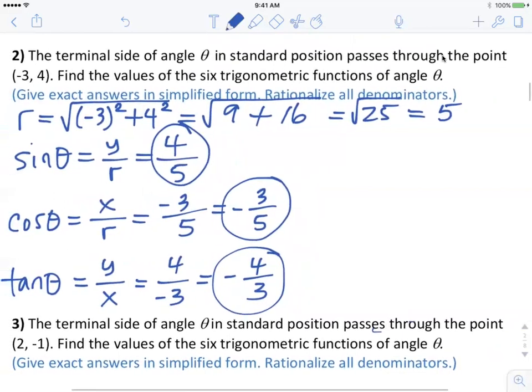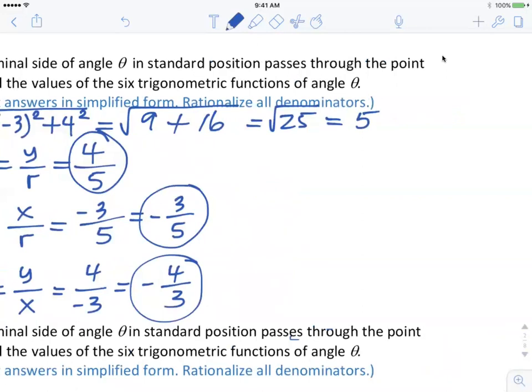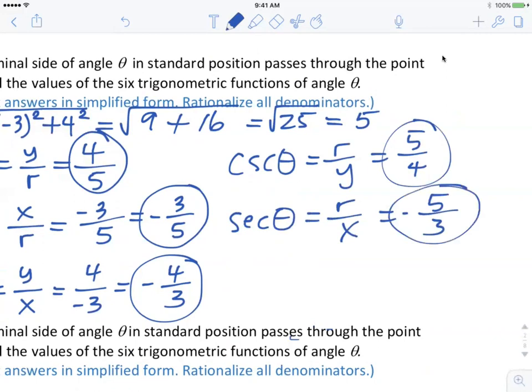Okay, the other 3, just flip those over, right? So the one that goes with sine is cosecant. Cosecant is r over y, so 5 over 4. Secant is r over x, so 5 over -3, but I'm just going to put the negative out front.